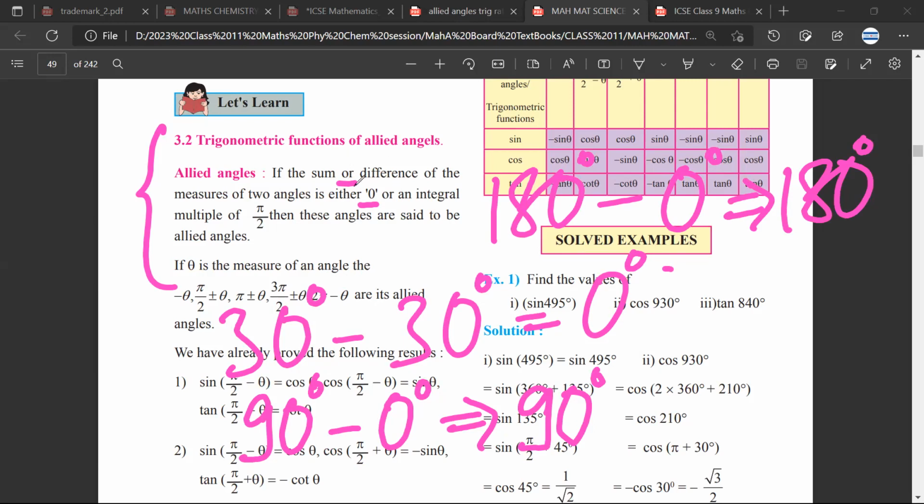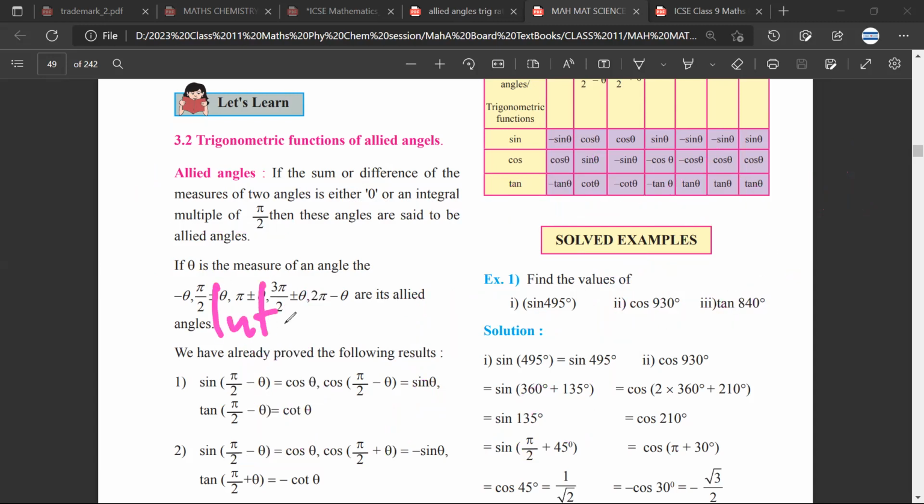If the sum or difference of the measure of two angles is either 0 or an integral multiple of pi by 2. Integral multiple of pi by 2 implies that, see, integers are 0, 1, 2, 3, and so on, and minus 1, minus 2, minus 3.